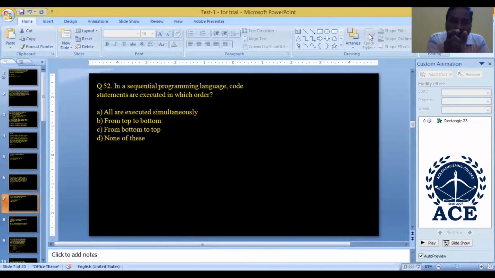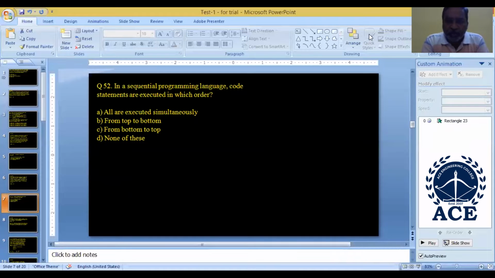The keyword gives a hint towards options, and filtering becomes easier, screening becomes easier, identifying the correct answer becomes easier. Now, the keyword in this question is sequential. Now, in sequential programming, as we all know, the first statement written will be the first statement executed, and the last one will be the last to execute.